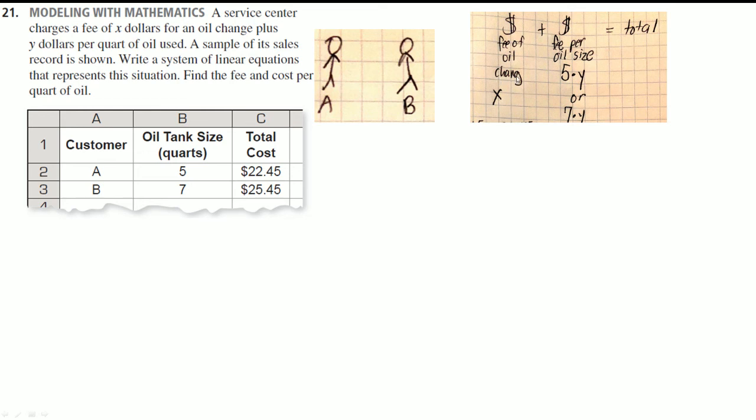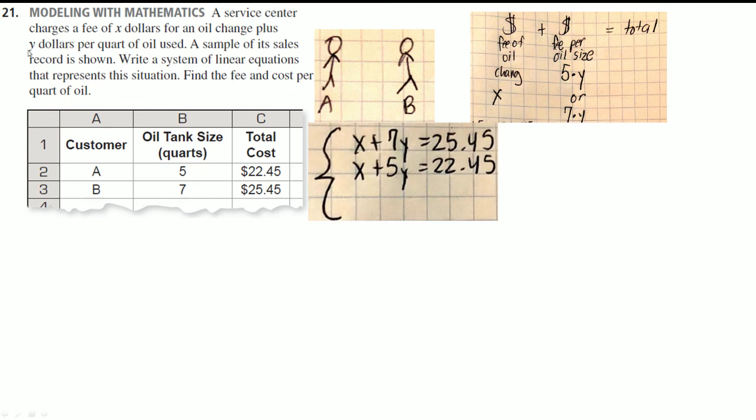That's a flat amount, and your fee is per oil size. So I made that y because it's $4 per quart of oil used. That's why it's 5 times y, or for equation B, it's 7 times y. The total remains the same.